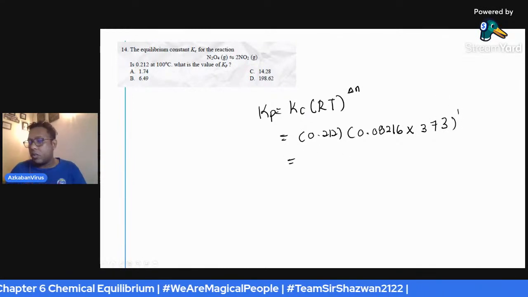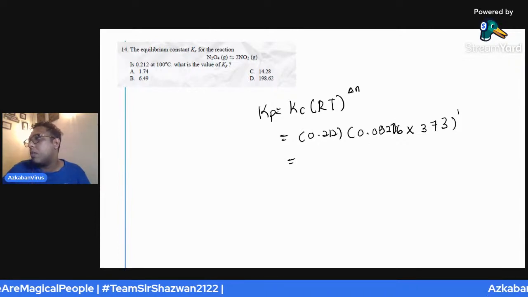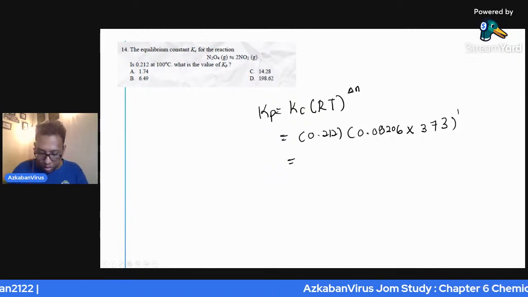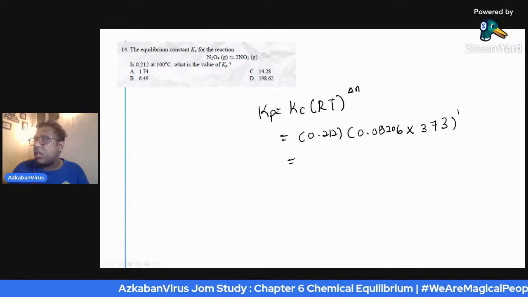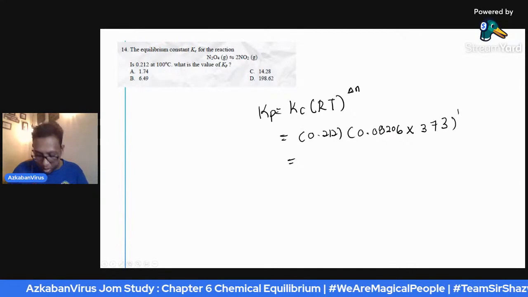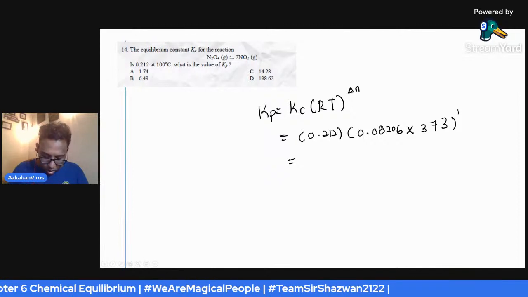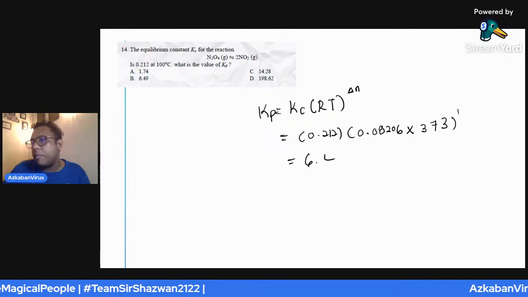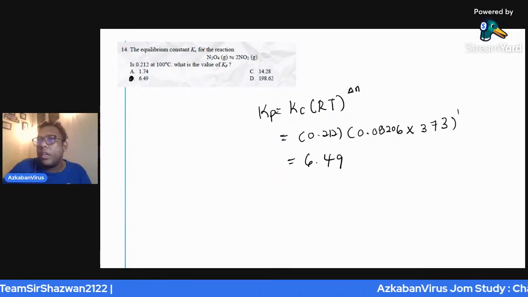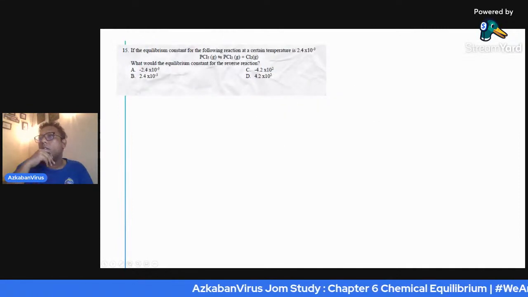This is equal to 6.49. So jawapannya adalah B. Letak puan hati soalan 13 tu, nanti saya akan balik semula.